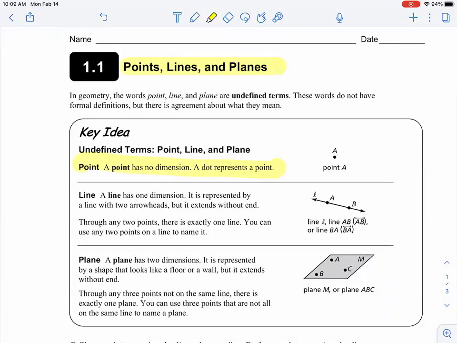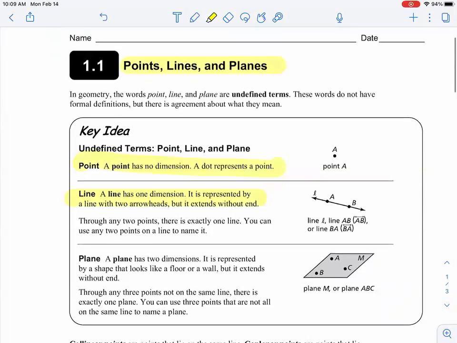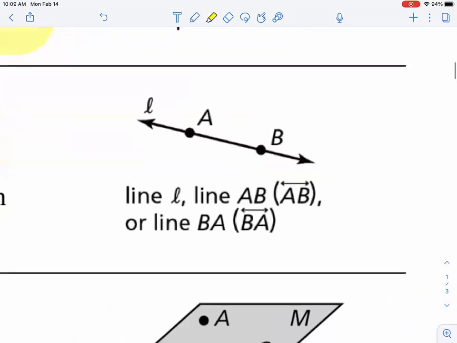In fact, an infinite amount of points. So one thing that's important about a line is that it is infinite. It goes on forever. And so because it goes on forever, when we notate that, and we'll do some examples, this is line AB right here, okay?